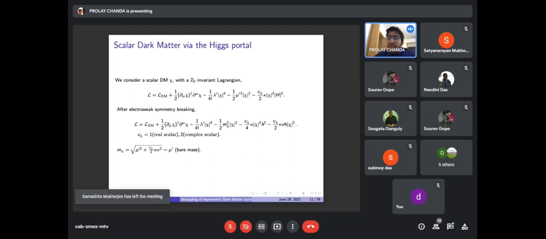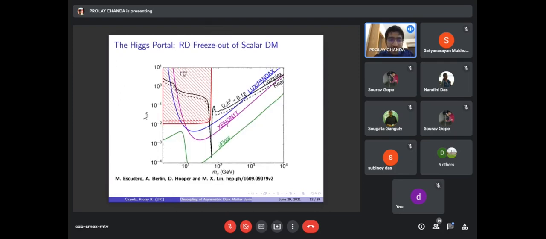Now, what we expect to see in the case of radiation domination is that there will be a one-to-one correspondence between the mass and the cross section, and this has been produced by Escudero, Berlin, Hooper, and Lin.